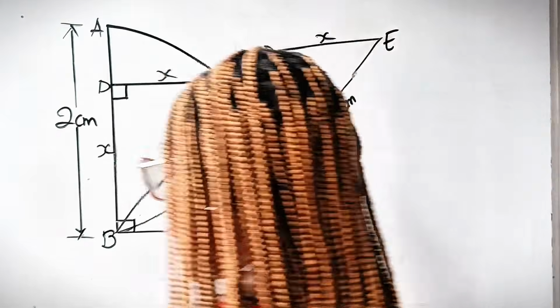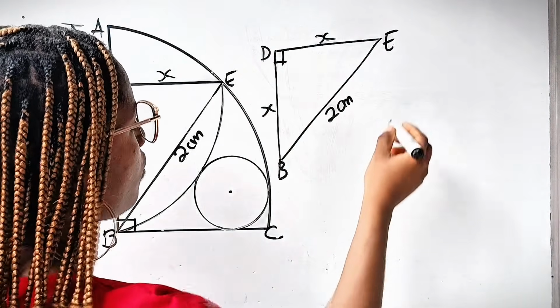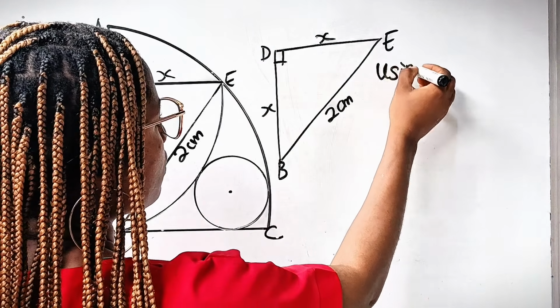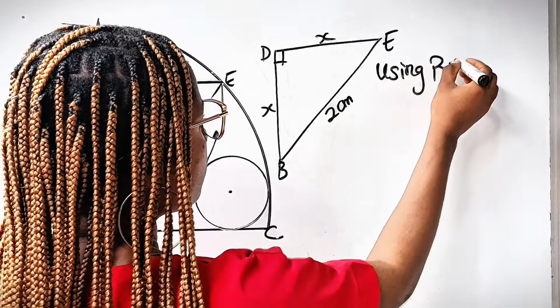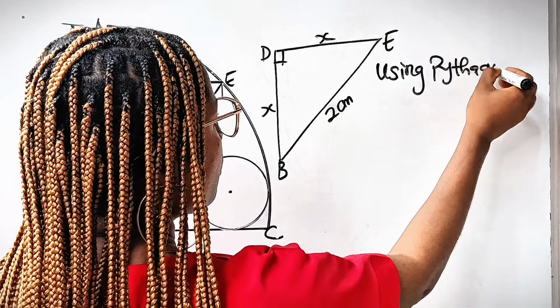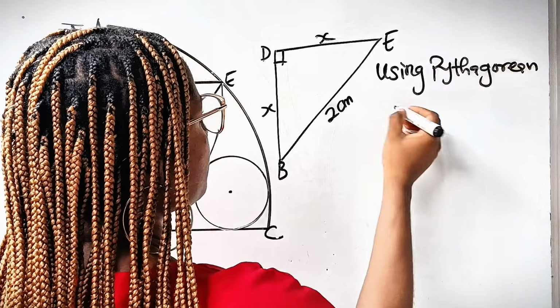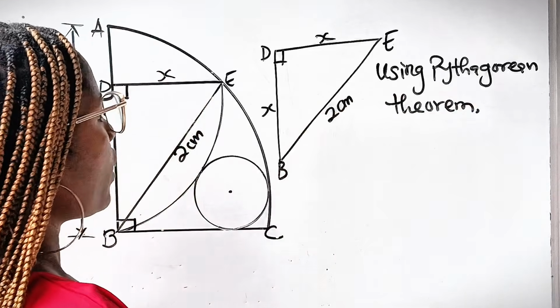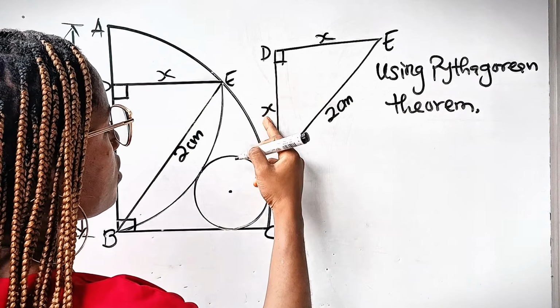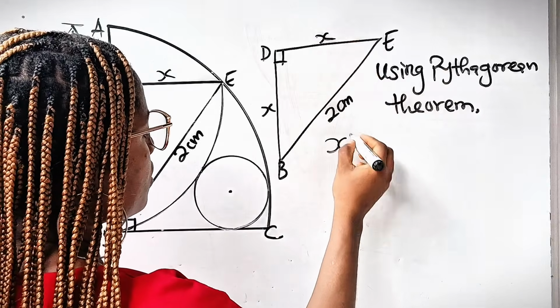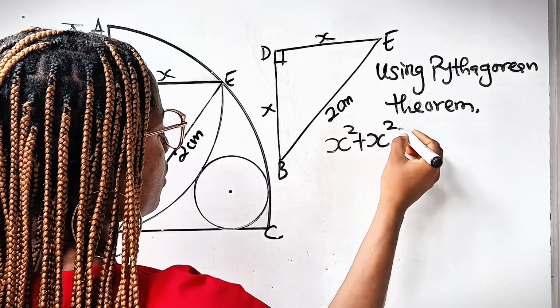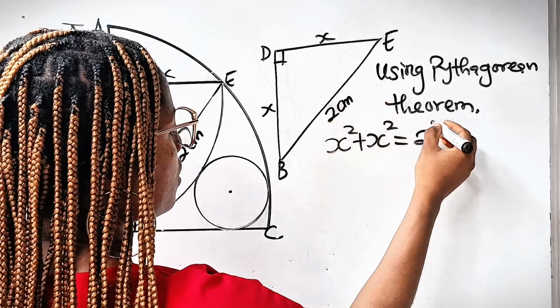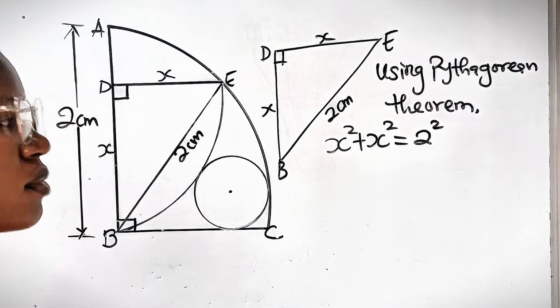Now using Pythagorean theorem, we have x squared plus x squared is equal to 2 squared, the hypotenuse squared.